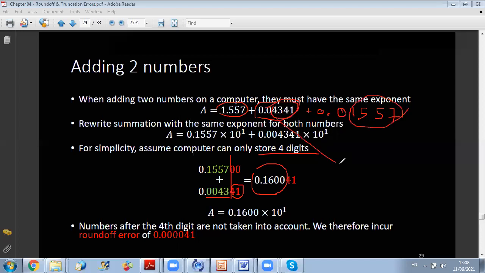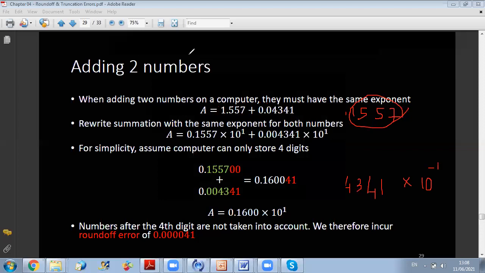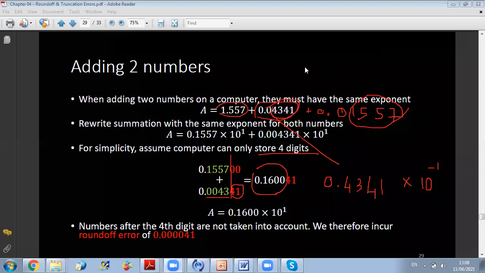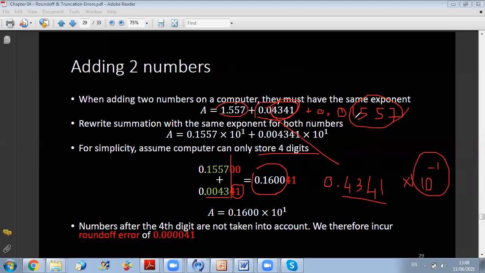Because this number you can write then as 0.4341 times 10 to the power minus 1. So the only condition is to have the same exponent. If I have the same power of 10, this is the condition to add. So here my computer can read this number if it's added to 0.01557 because they are of the same order.